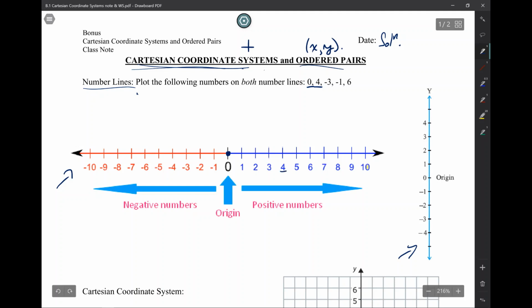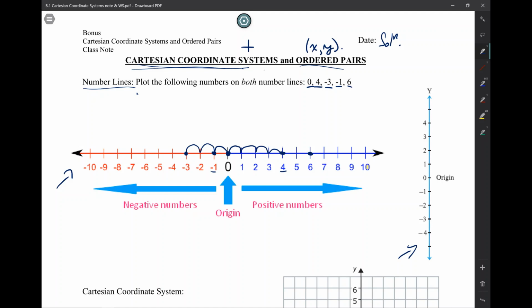And I can go right to the number 4, or I can count them out. 1, 2, 3, 4. There's the number 4. The number negative 3, this is the first one on the red side. 1, 2, 3 to the left of the origin. The number negative 1 sits right here. And the number 6 sits up here on my number line.